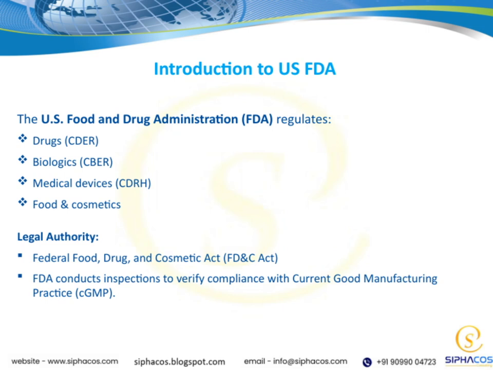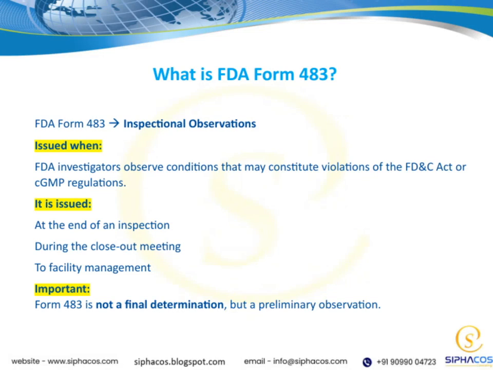This means making sure products are consistently produced and controlled according to quality standards, which is essential for consumer safety. Overall, the FDA's role is central to maintaining public health by regulating these products effectively and ensuring compliance through inspections and legal authority. This foundational understanding sets the stage for appreciating how the FDA maintains safety and quality across these vital sectors.